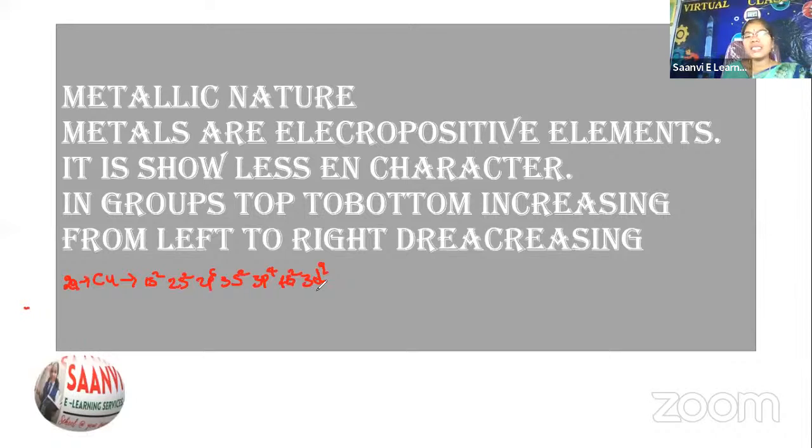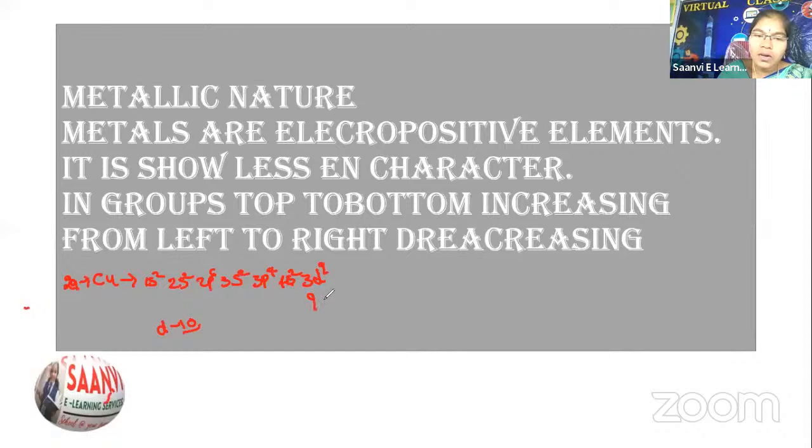Valency electron is 1. Why? Because the d orbital can occupy only 10 electrons, and here there are 9 electrons.